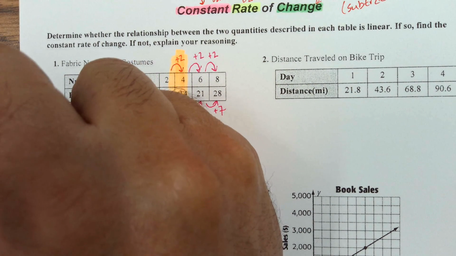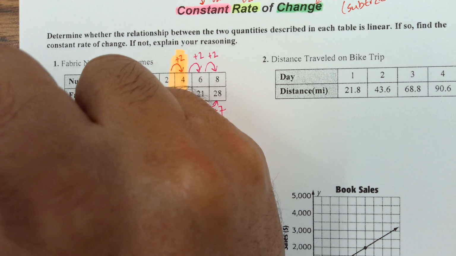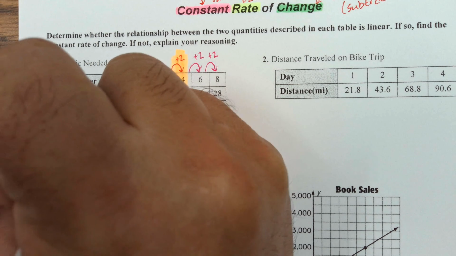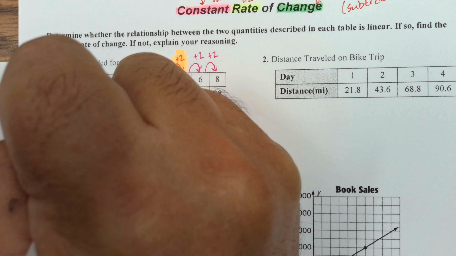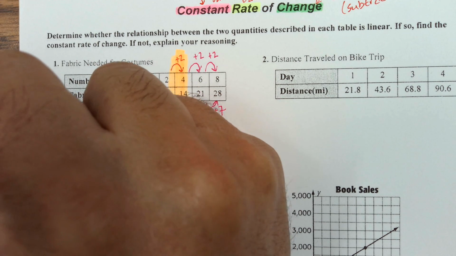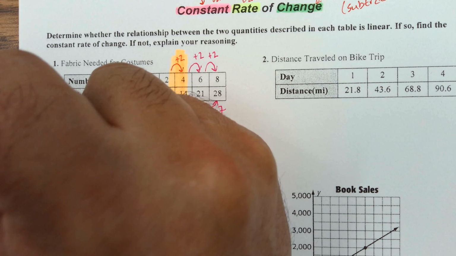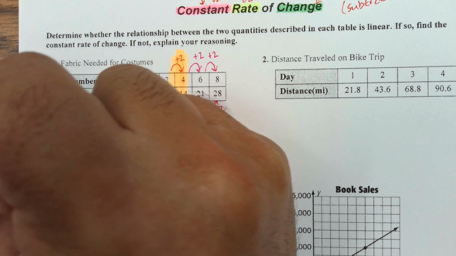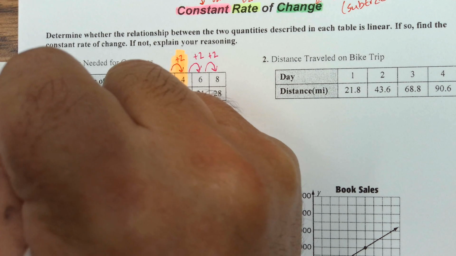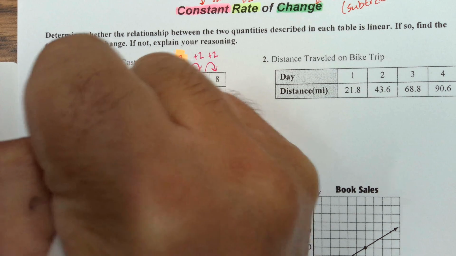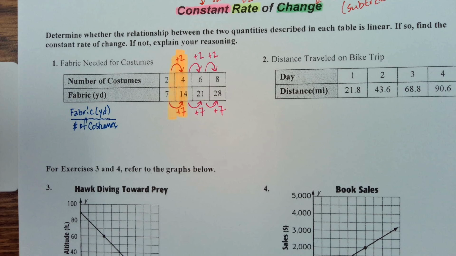So we want fabric in yards. We're going to compare that to costumes, number of costumes. So write that down. Number of costumes.